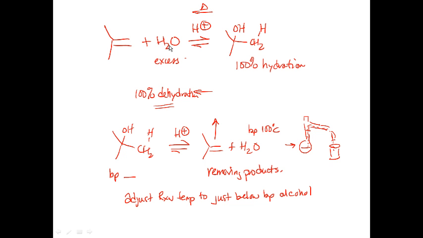Okay, so that's what we'll talk about on Friday and do some problems. Markovnikov addition of HX, Markovnikov addition of H plus H2O in the hydration reaction. And those are going to be our opening reactions that we talk about in the reactions of alkenes, namely the electrophilic addition reactions of alkenes.